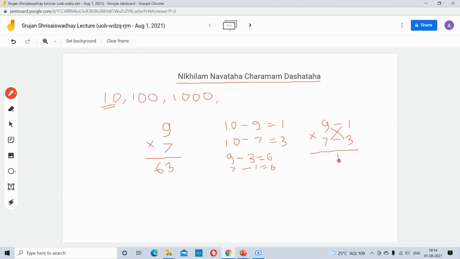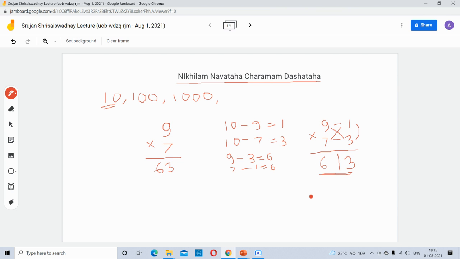So I'll keep a 6 here, and then I'm going to multiply these two differences, and I'm going to get 3 times 1, which gives 63 as the answer. Okay. So this is how I'm going to use this Nikhilam Navatashcharamam Dashatah Sutra for doing the multiplication.